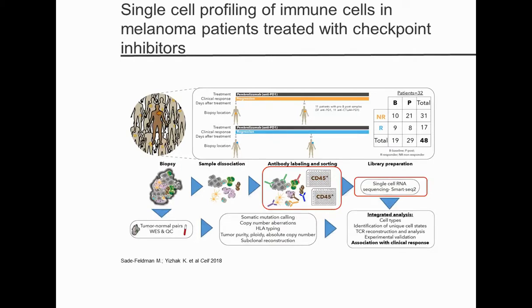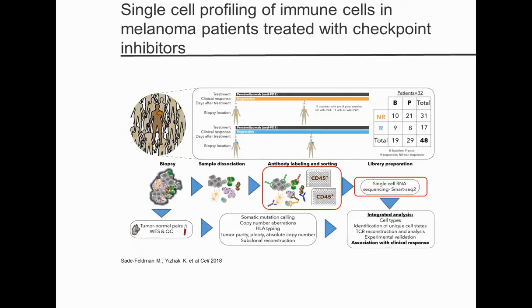We also incorporated other methods, looking at the genomic level to see whether there are mutations that can also interfere with the immune-tumor interaction, such as loss of class 1 presentation capabilities and the interferon gamma pathway. And eventually, we performed an integrated analysis to incorporate all those parameters, perform validation experiments, and associate everything with the clinical outcomes.